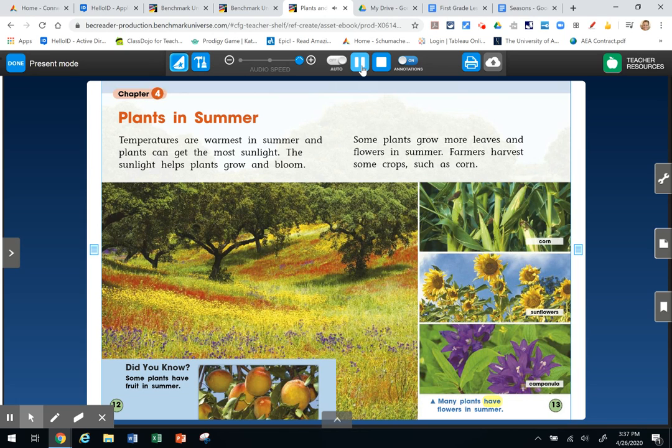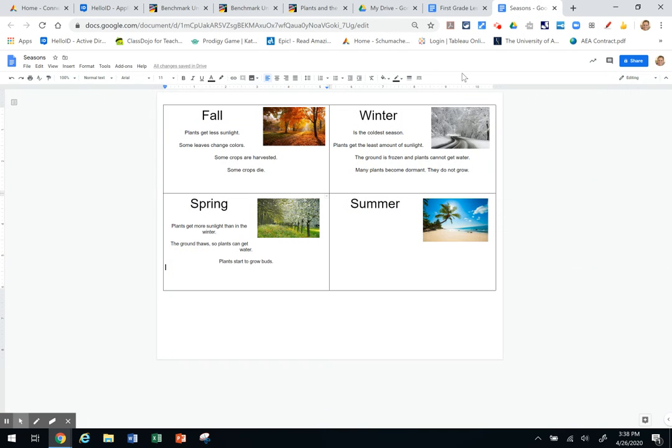Many plants have flowers in summer. Corn, sunflowers, campanula. Did you know some plants have fruit in summer? All right, let's go ahead and type up what we learned about plants in the summer.